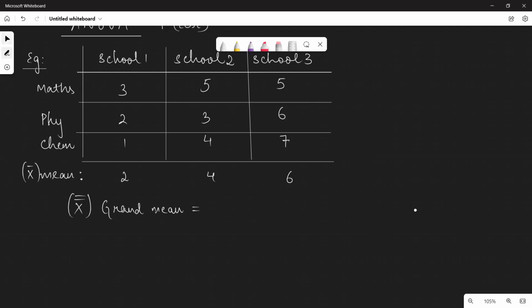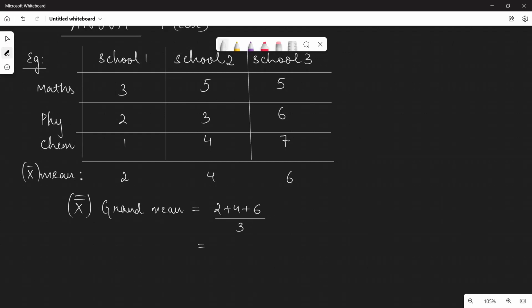Grand mean is very simple. The mean values which you have, you take 2 plus 4 plus 6 by 3.